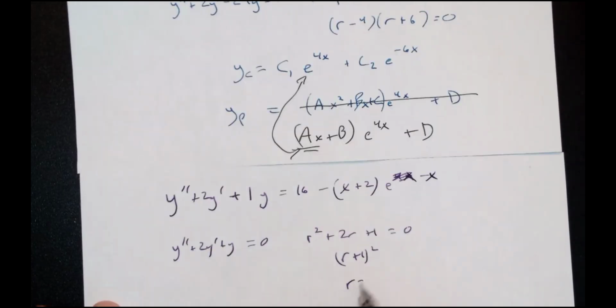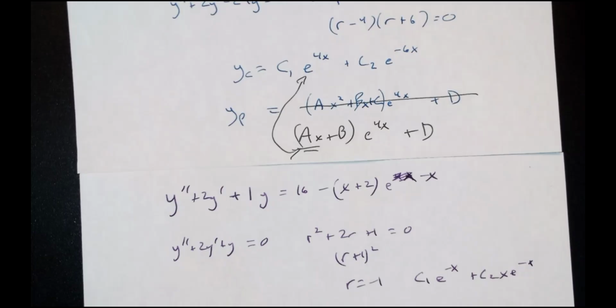Then I get r equals -1 twice, so I get c1 e to the minus x and c2 x e to the minus x. But up here I already have the e to the minus x again, right? I should put an x next to it so it doesn't duplicate this.